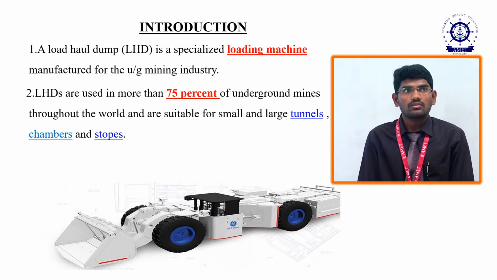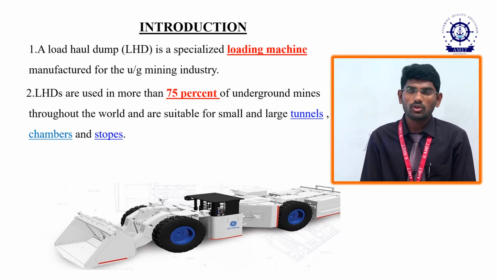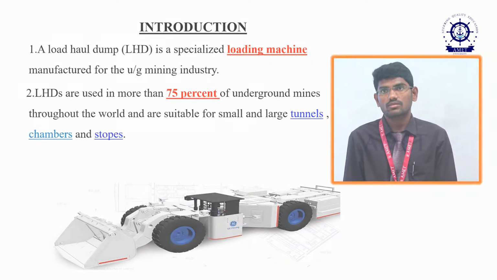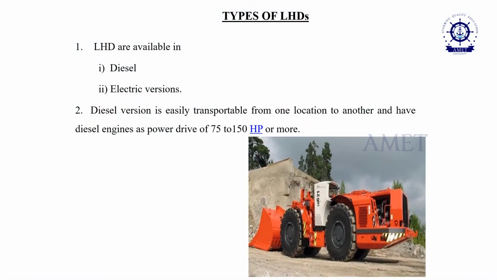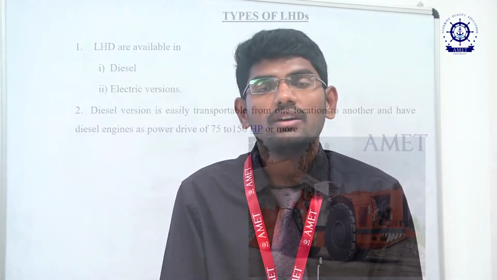LHDs are mainly available in two types. First one is diesel type LHDs, second one is electrical type LHDs. Diesel LHDs are portable underground, meaning they can be transferred from one place to another over large distances, and from one level to another level also.